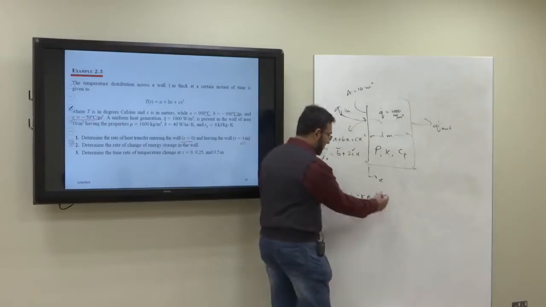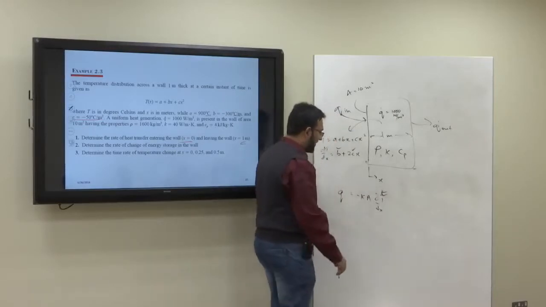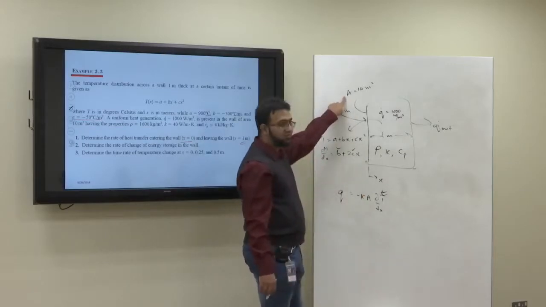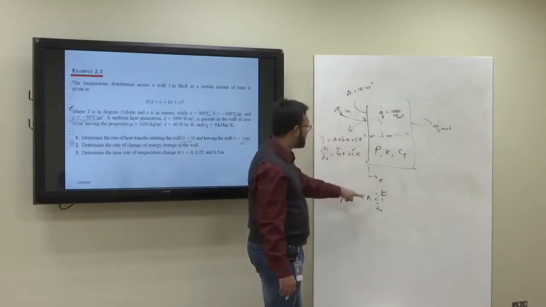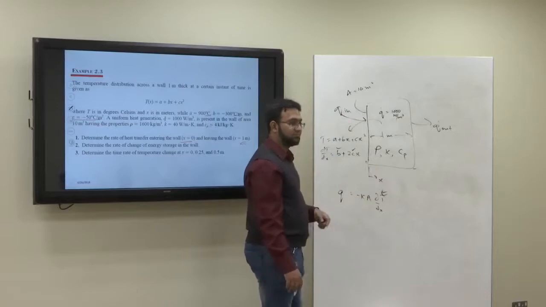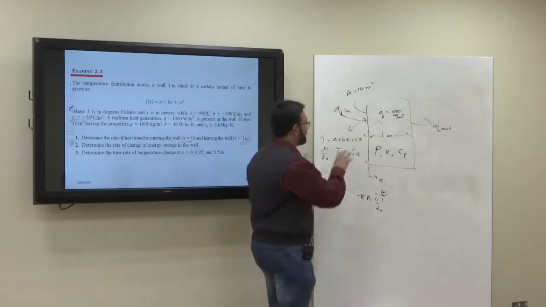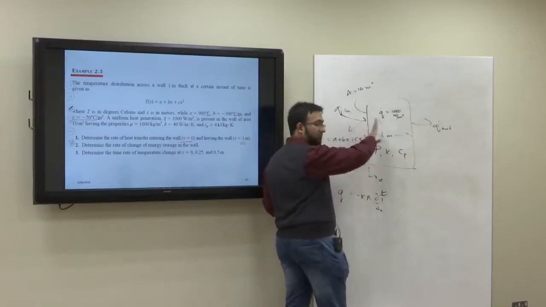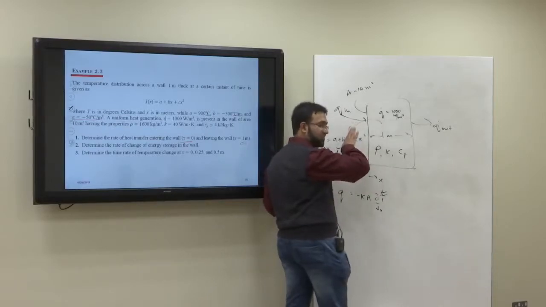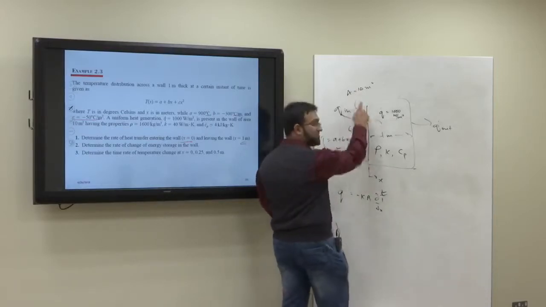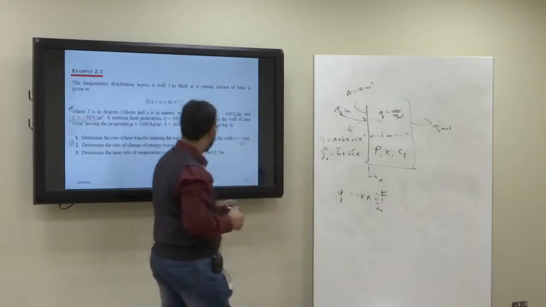Okay, so you know what is this? Area is already given, 10 meters square. K is given. The area, which area? Yes, but it is given, 10 meters square.